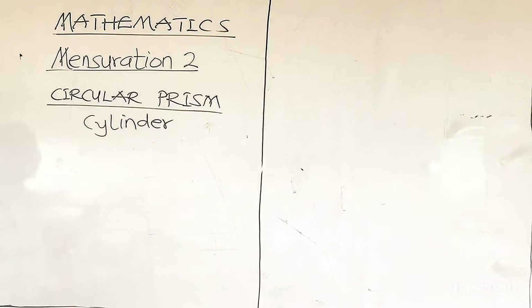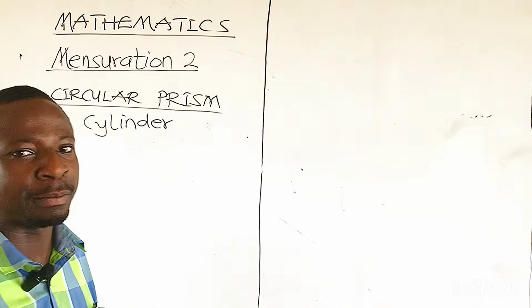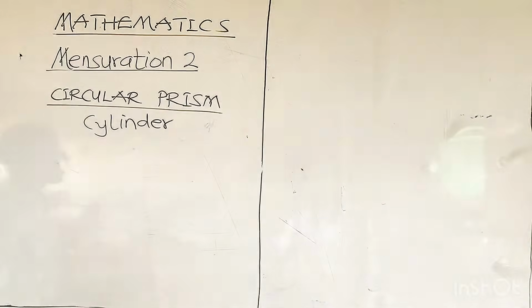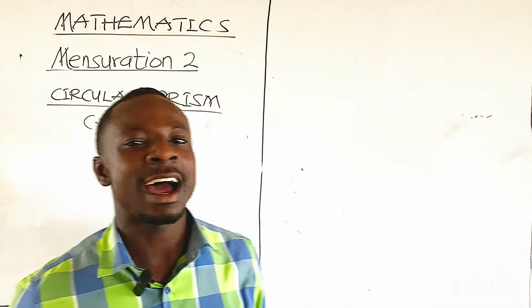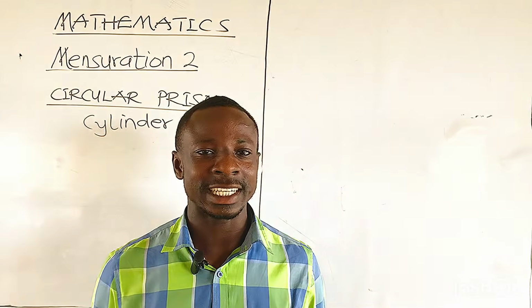As I said earlier, every prism has the same top as well as the same base. When you look at a cylinder, in most cases our minds go to gas cylinders.